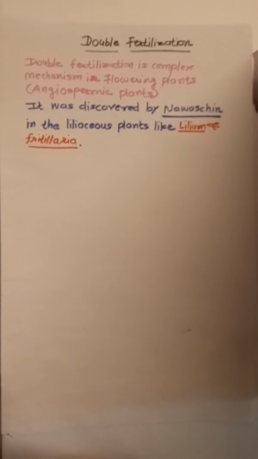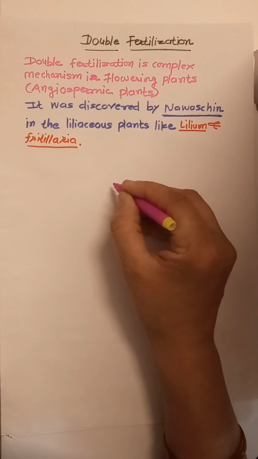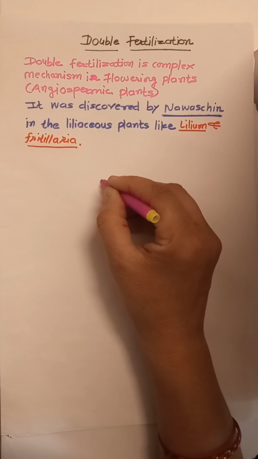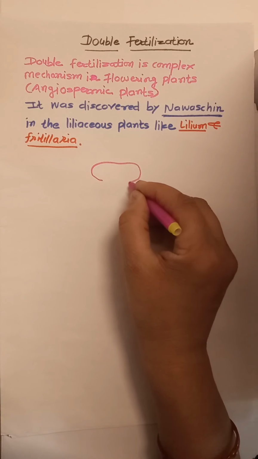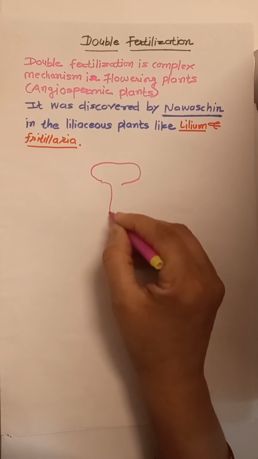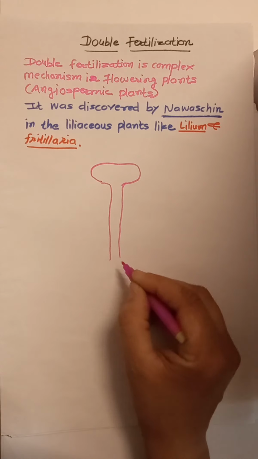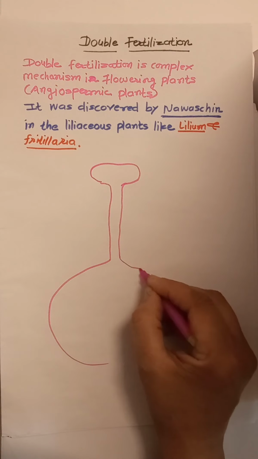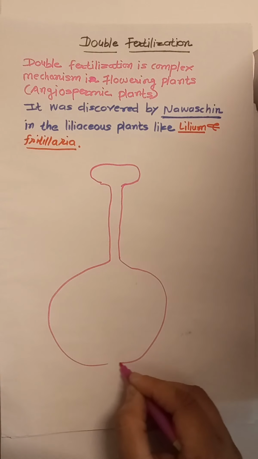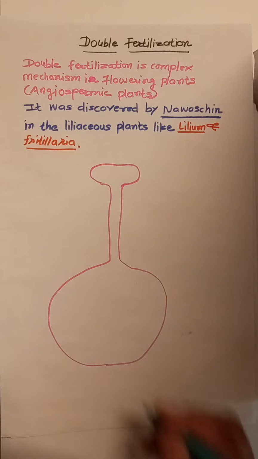तो हम डबल फर्टिलाइजेशन को डायग्राम की हेल्प से डिस्कस करेंगे। यहाँ पर ये जो दिस इज द स्टिग्मा एंड दिस इज स्टाइल, and this is ovary, and inside the ovary ovule is present.